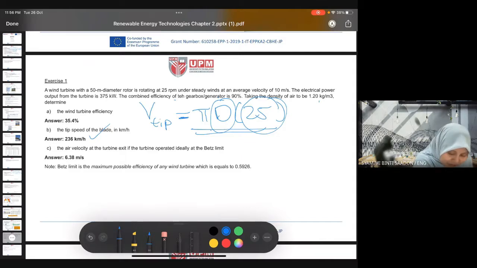Last one, number 3, C. The air velocity at the turbine exit if the turbine operated ideally at the Betz limit. So what is the Betz limit? The Betz limit is the maximum possible efficiency of any wind turbine, which equals 0.5926. I'll give the formula, don't worry.